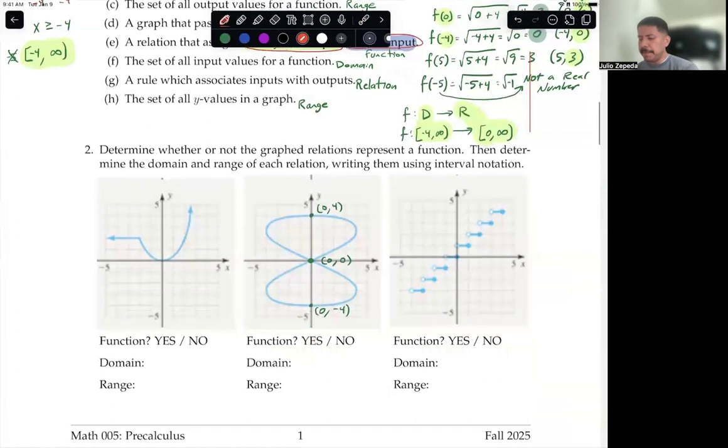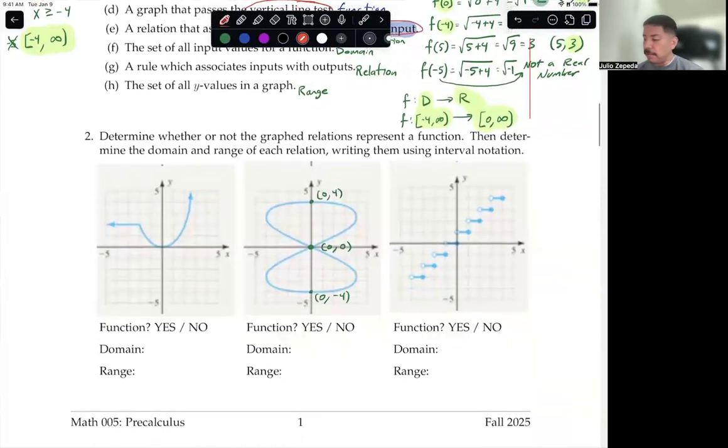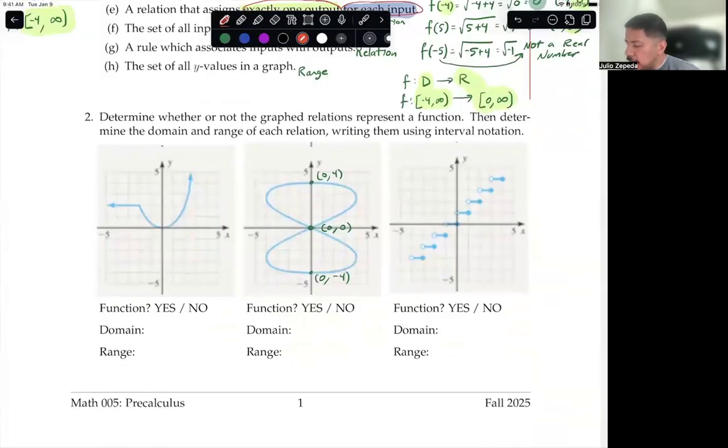So let's go ahead and see. For the vertical line test, I'm going to start with part B, the middle one that we've already talked about, because it's a nice example of something that does not pass the vertical line test. Here is a vertical line. We only need to find a single vertical line that crosses the graph more than once, and that is enough to say that this is not a function.